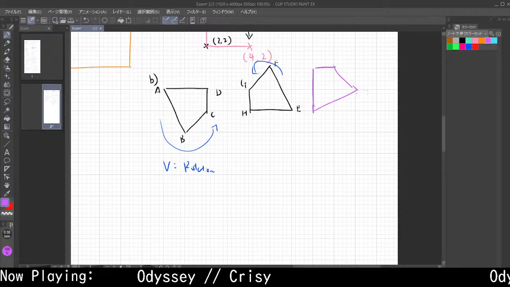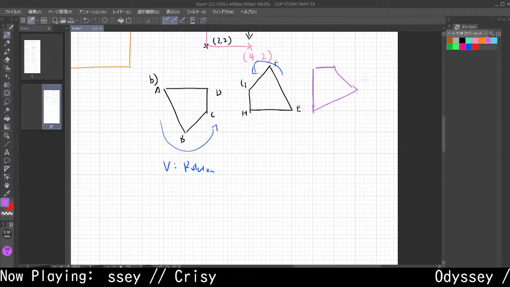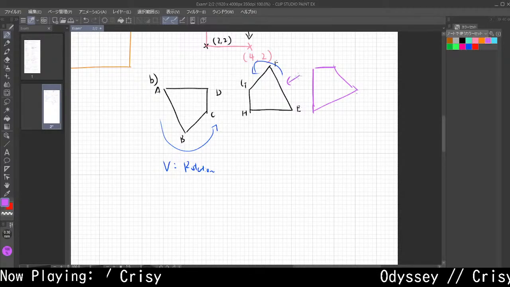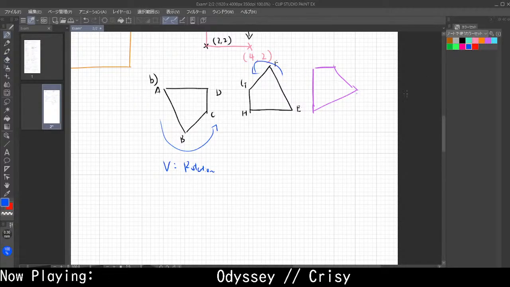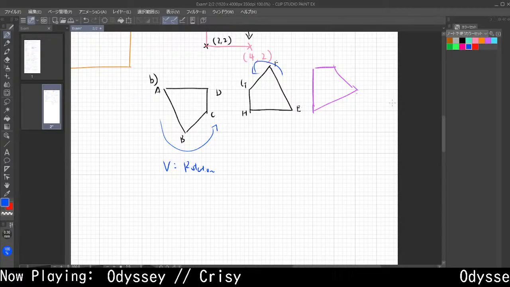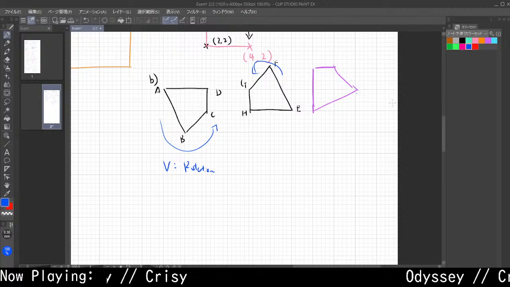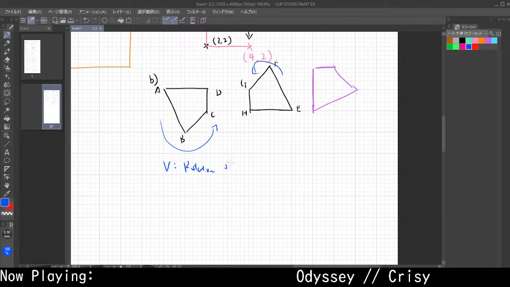And then if you turn it one more 90 degrees, you will get this shape over here. So this means that it's not 90, it's actually 180 degrees. So in this case, you don't have to write clockwise or anti-clockwise, because 180 in either direction is still the same. So we can write rotation of 180 degrees.